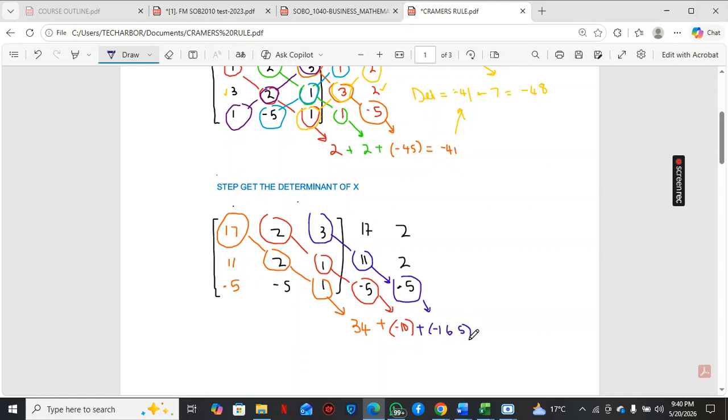So we say 34 plus negative 10, which is the same as 34 minus 10, plus negative 165, the same as minus 165, and you get negative 141.